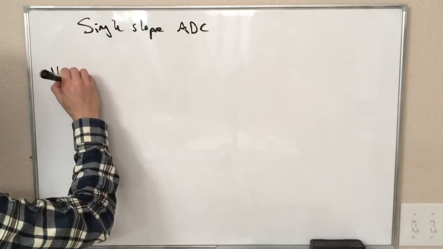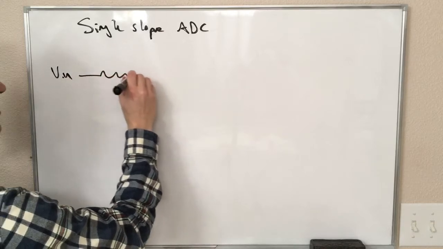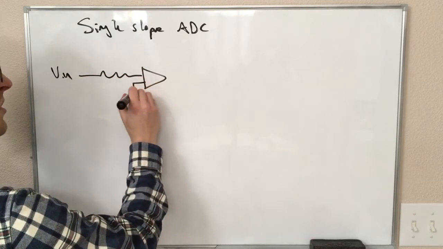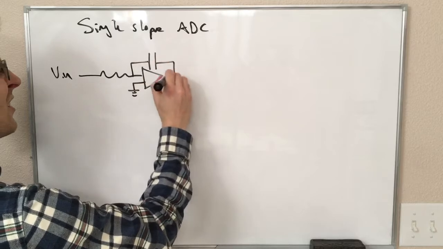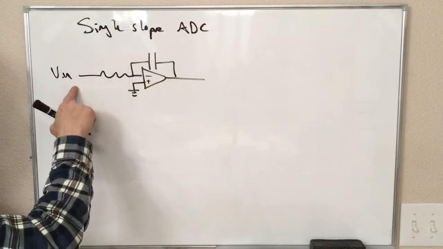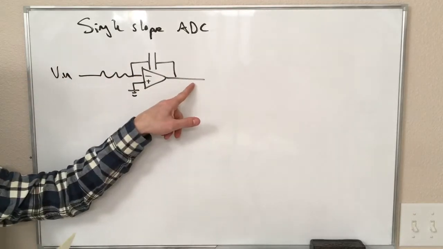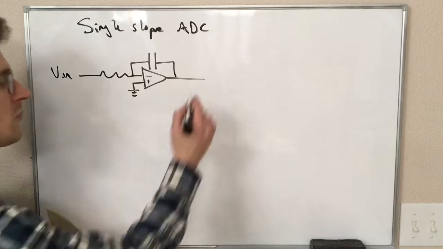So our input voltage, we are going to send to an op-amp integrator. The output of this op-amp is going to be the integral of this input signal. In other words, this input is changing the slope of the voltage here.